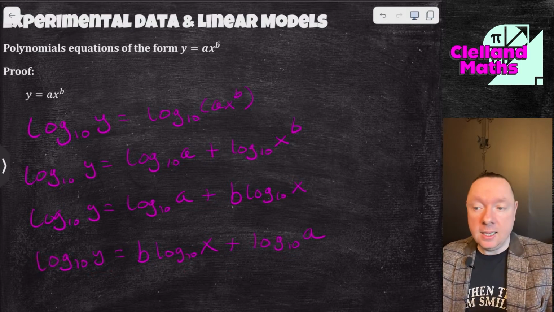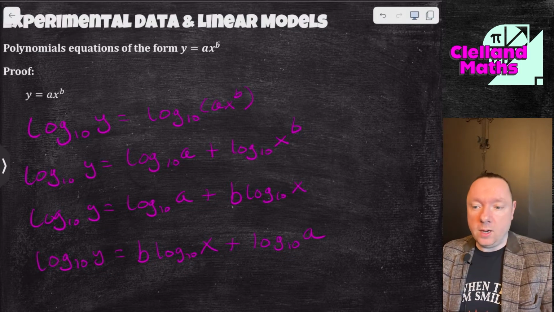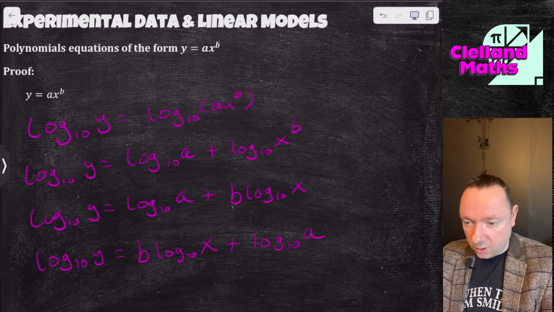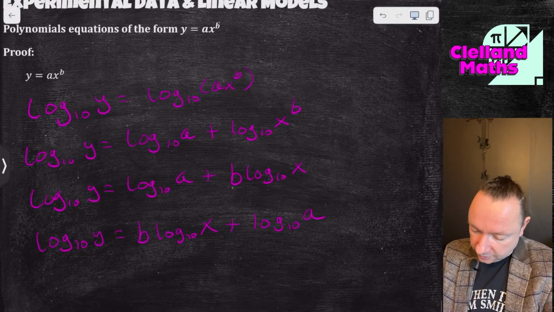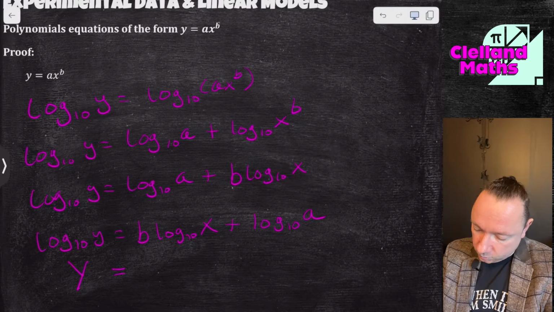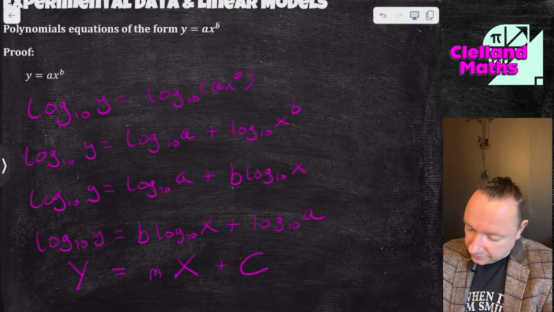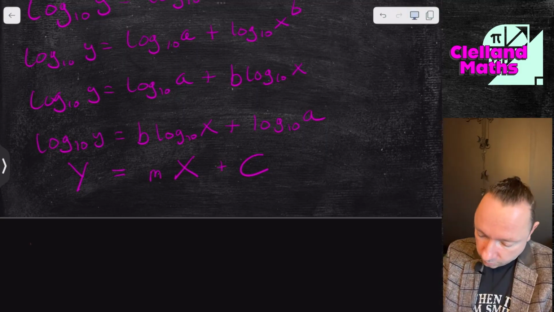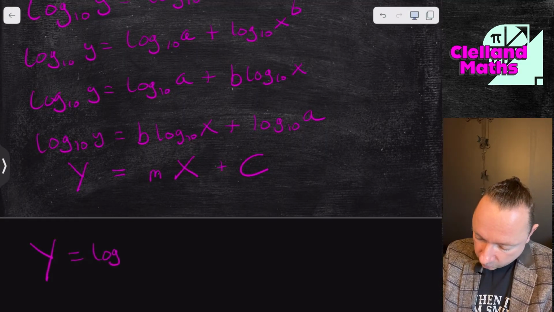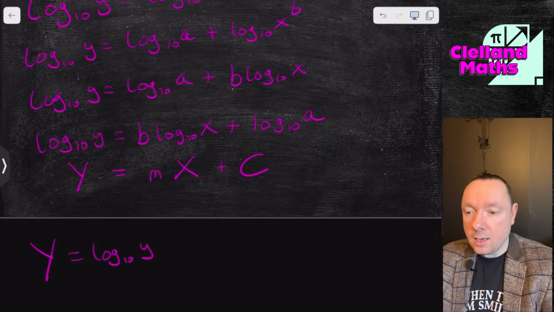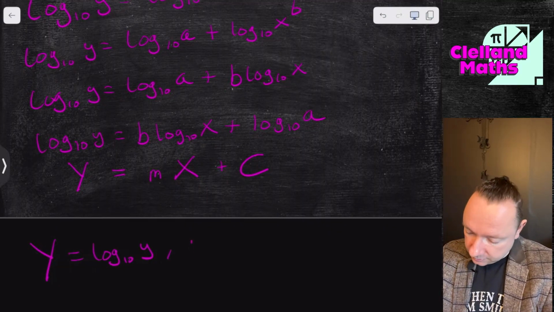It's exactly what it is, except our axes are log base 10 y and log base 10 x. So we've got an equation y equals mx plus c. If we use a big Y equals mx plus a big C, then essentially our big Y equals log base 10 of y. Our m is just equal to b.